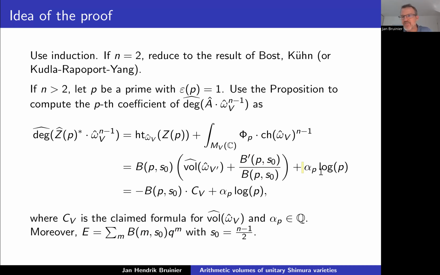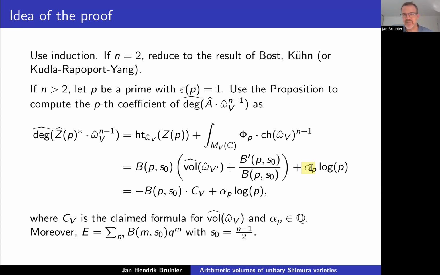And the point that we don't get this on the nose a priori is that it's a bit difficult to control all these maps at primes dividing the level, so one has a priori some ambiguity here.